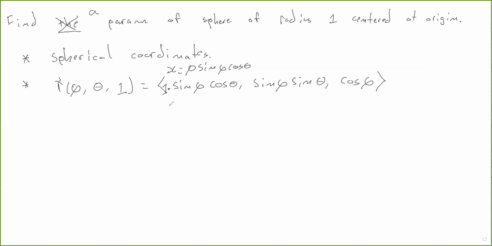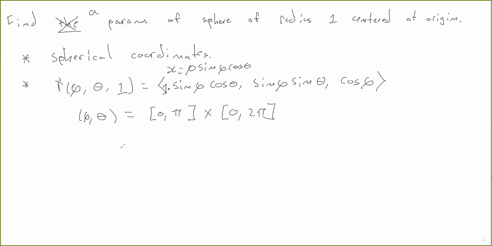Okay, so what this tells us is that as phi and theta go over a certain parameter domain, this is going to trace out a sphere of radius 1 centered at the origin. So now we just need to figure out what the parameter domains are. Well, remember, by definition, when we're doing spherical coordinates, phi lies in the interval 0 to pi, and theta lies in the interval 0 to 2 pi.